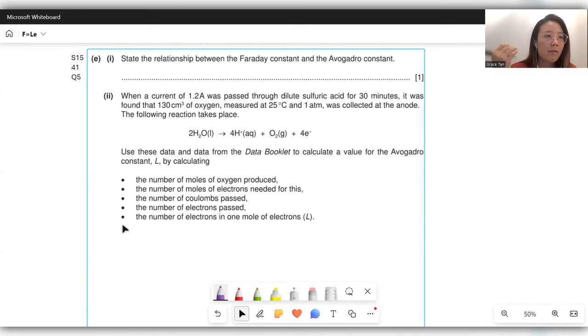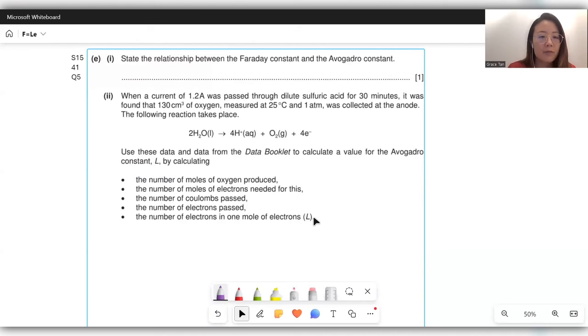So if you can't answer the bullet point, even though you managed to calculate the final Avogadro value, I'm not so sure whether you would be able to get full credit. Even though the final answer for L will be the same. Anyhow, let's look at this particular question, which is why I put it last.